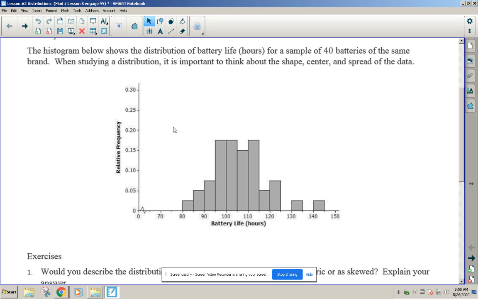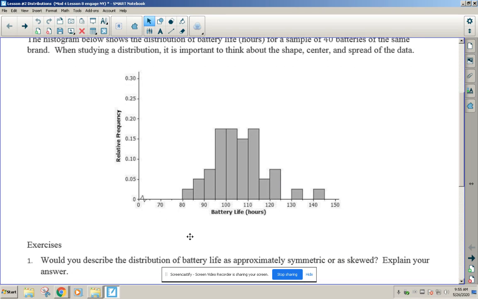So when we look at this first exercise 1, it says, would you describe the distribution of battery life as approximately symmetric or skewed?